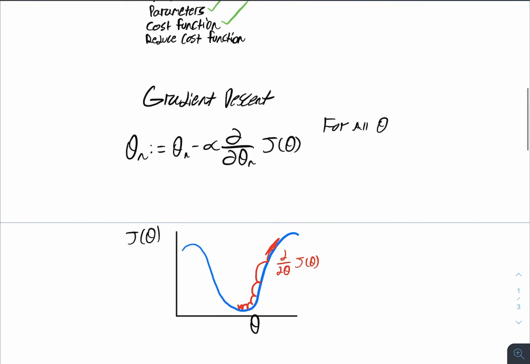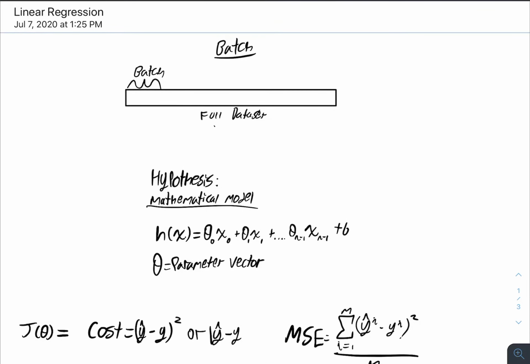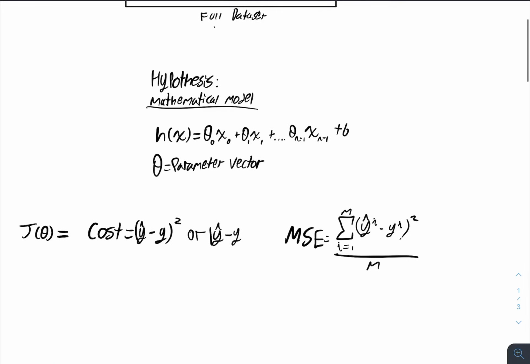So this is basically just the general intuition of most machine learning algorithms. You have some mathematical model which takes your input vector, does some computation, and gives you a value or a set of values. Then you have some function, in this case the mean squared error, that determines how accurate your model was, how well it's doing.